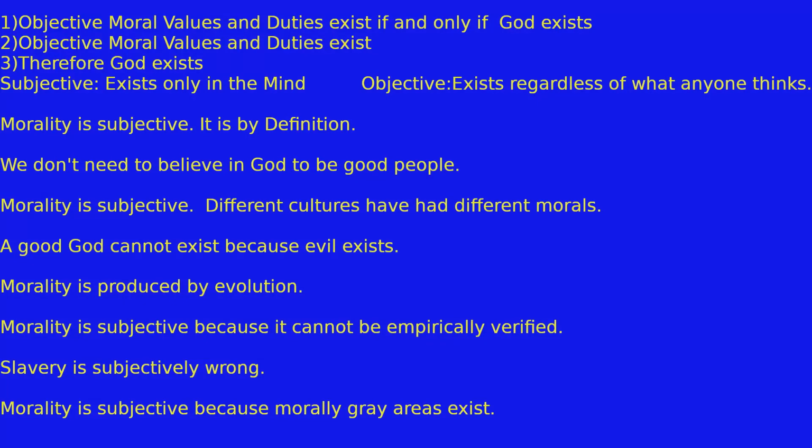So for example, Bigfoot exists subjectively because it exists in people's minds, but there's no hard evidence that would demonstrate that he exists to someone who doesn't want to believe in Bigfoot. So if you found a Bigfoot skeleton, or they located a herd of Bigfoots living in the woods, then that would be objective, something that exists regardless of what anyone thinks.